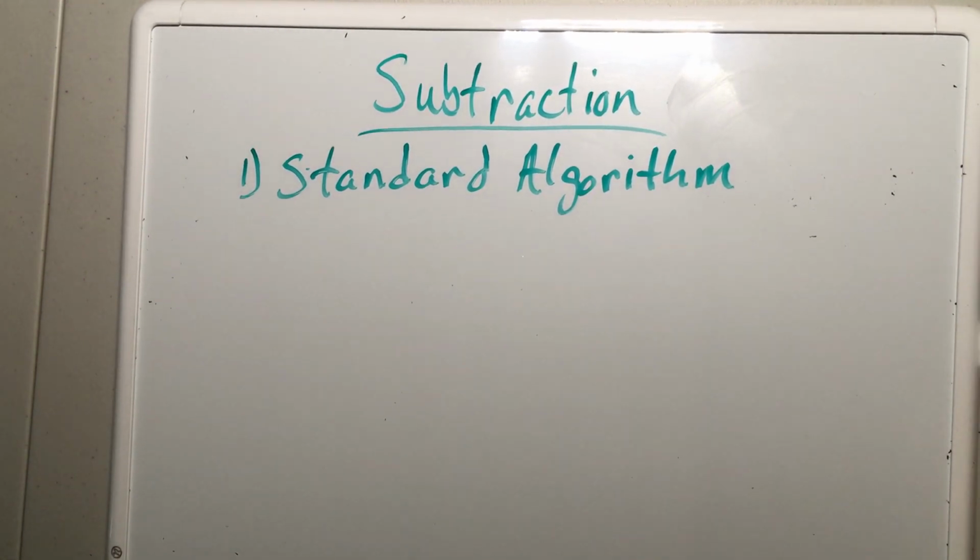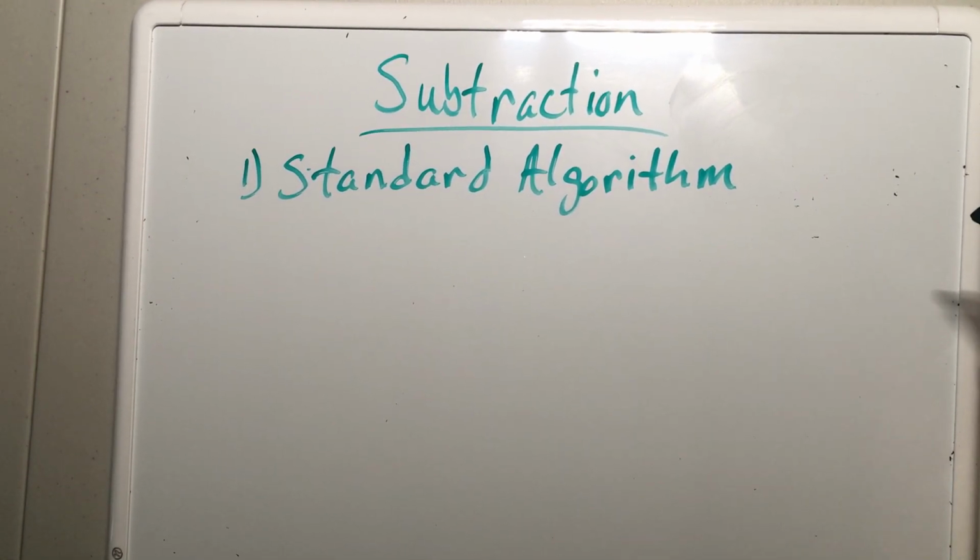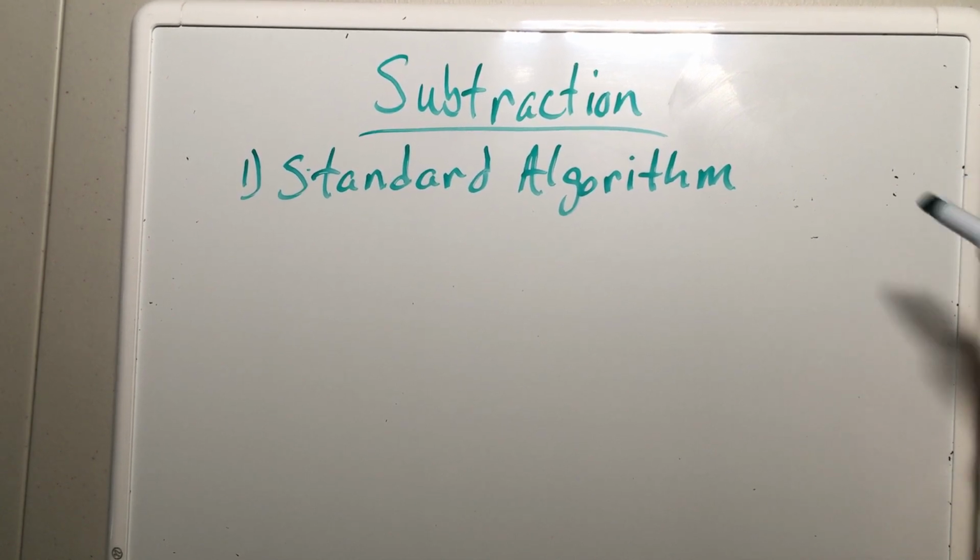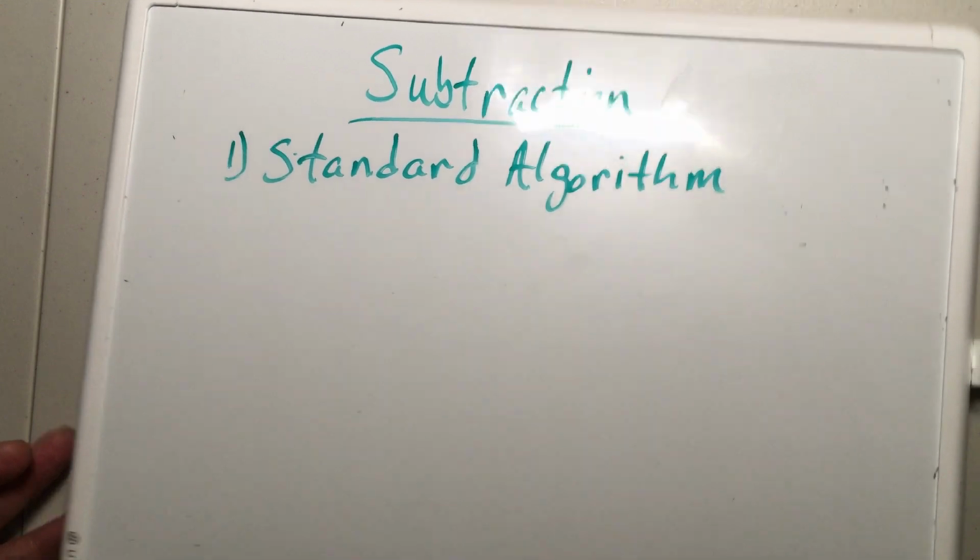Basically, it was the way I was taught. I didn't know a lot of different strategies. It wasn't until I became a teacher that I learned the number line and counting up and base 10 and things like that. Okay, so let's take a look at the standard algorithm.